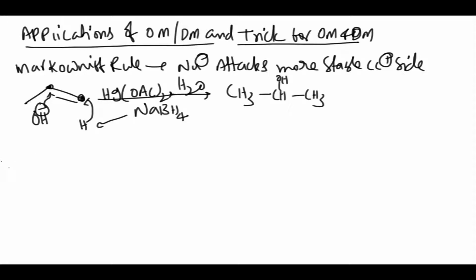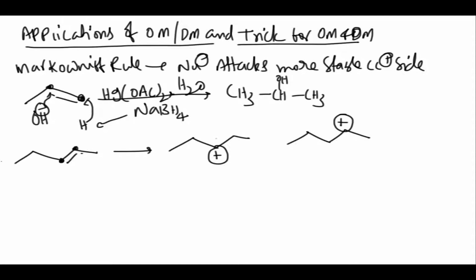Now another application. This is a double bonded compound. There are two carbocation possibilities. This is one carbocation, this is another carbocation. Out of these two, there are two hydrogens, total four hydrogens, that can be involved in hyperconjugation.